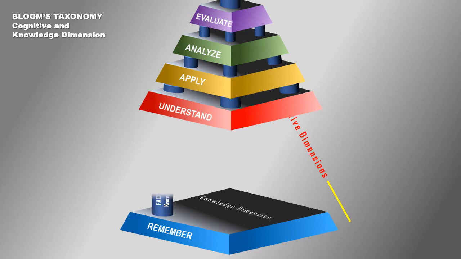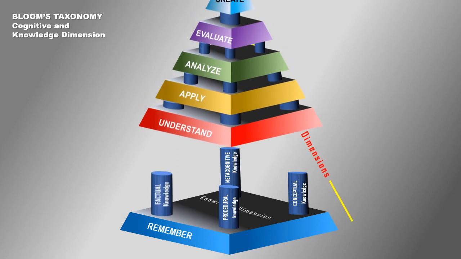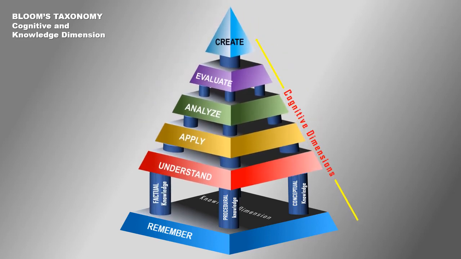And these are your factual knowledge, your conceptual knowledge, your procedural knowledge, and metacognitive knowledge. I will not discuss in detail all of these elements, but suffice it to say that you need to know them to be able to properly analyze and clarify your intended learning outcomes.